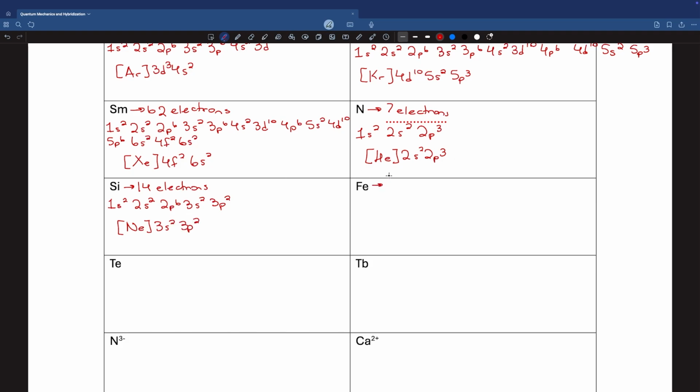Fe, iron, has 26 electrons. And we'll start as usual with 1s2, and 2s2, 2p6. That's 10 electrons. We need 16 more. 3s2, 3p6, and that leaves us with 8 electrons left.